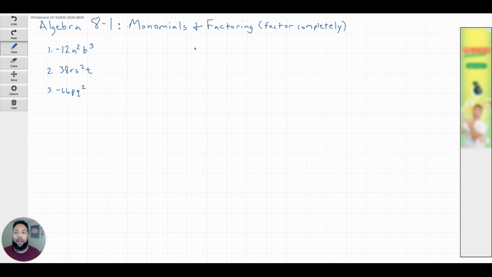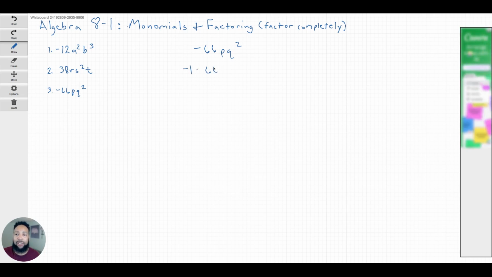Okay, our next problem is negative 66 p q squared. In order for us to factor this completely, we'll pull out a negative 1, and then we have 66. We're going to break that up. We could say 6 times 11. 11 is our prime number. We can't go any further between 11 and 1.